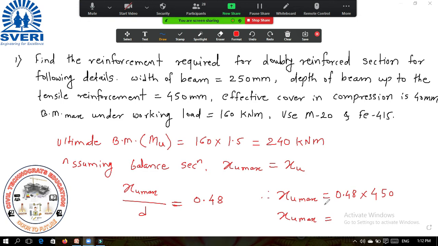It is 216, exactly 216, there is no decimal part. So it is 216 mm. This is the value of Xu max.